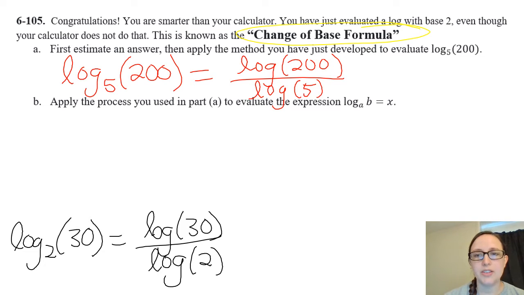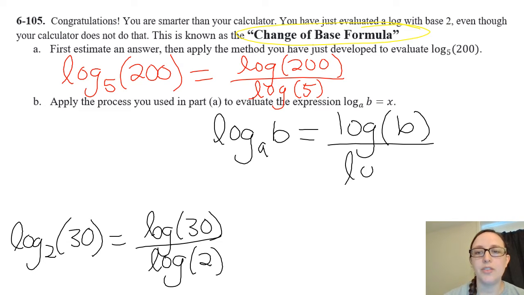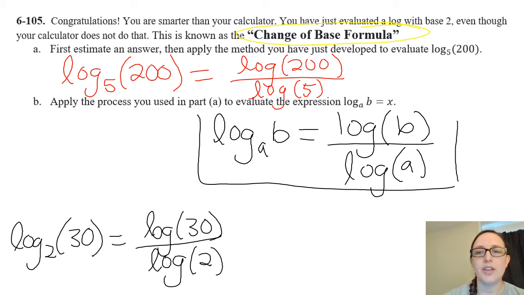So that is the change of base formula. Okay, so that formula is if you have any base, like a, to any number, we can rewrite it as log of the input, b, divided by log of the base, a. Okay, so that's change of base formula.